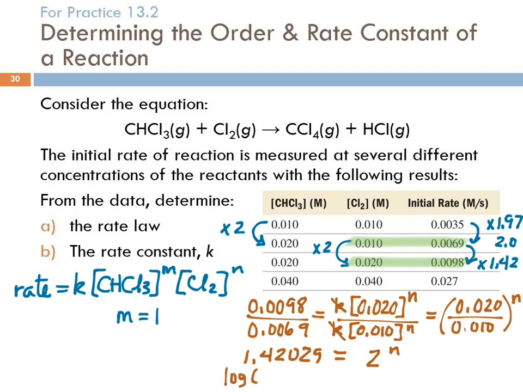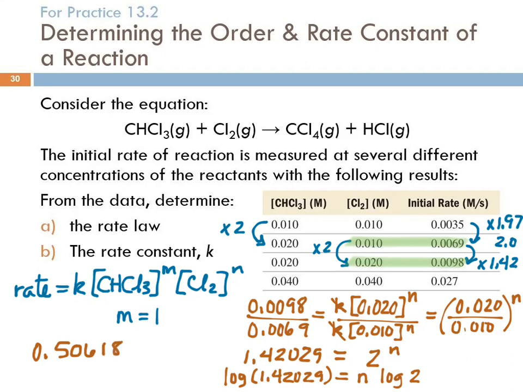So now we're going to take the log of both sides. The log of 1.42029 is going to equal n times the log of 2. And of course, I ran out of space. So 1.42029, taking the log of that, and then I'm going to divide by the log of 2, and that equals 0.50618, blah, blah, blah.